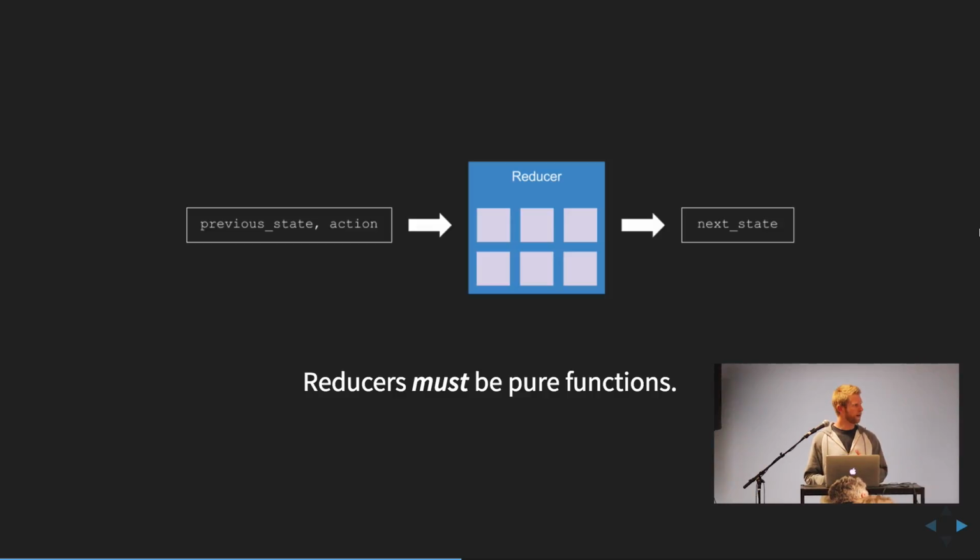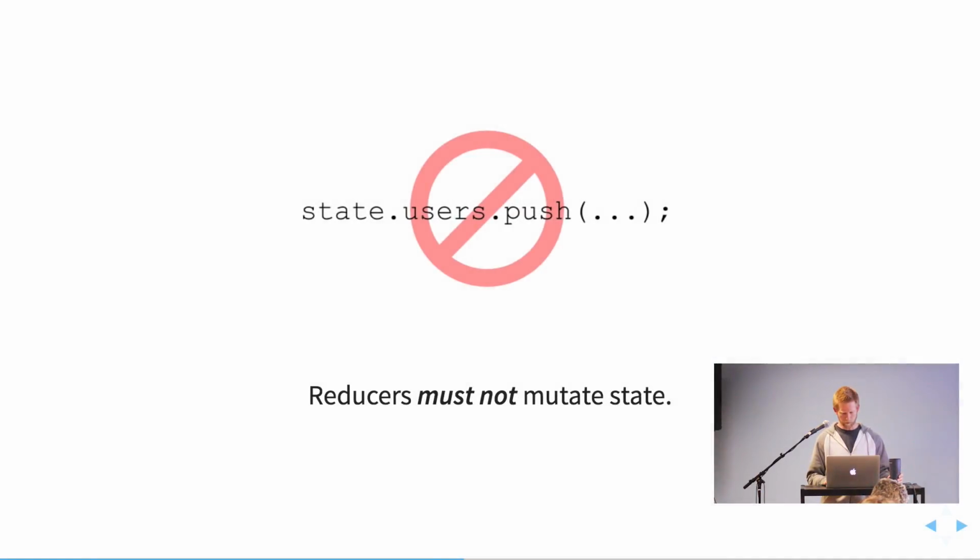What I mean by that, if you're not familiar with the term, is that a pure function is one that, given a set of inputs, will always return the same output. So within that function, we can't create any side effects. That means that, for example, we cannot mutate the state. The state object that comes in, we can't push data onto an array. We actually have to create a new object that contains the new data or the changed data.